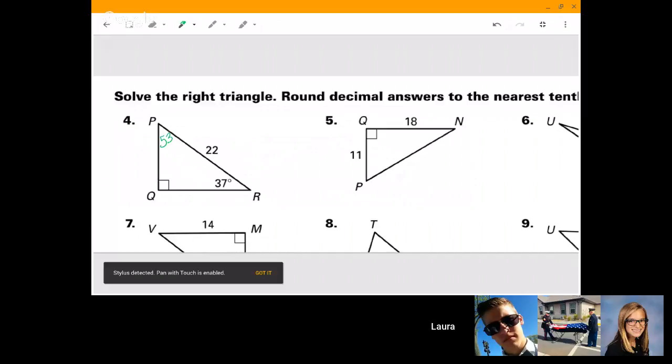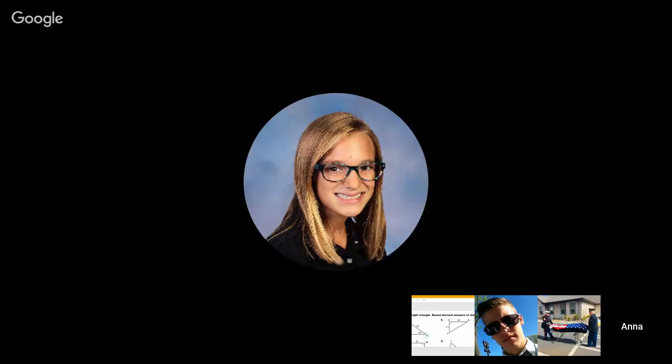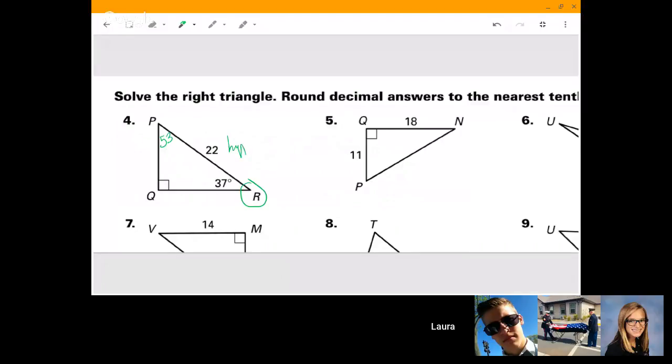All right, so now you've got all the angles, and you know one side. And if they give you one angle, like they gave us R, we could use P now that we know it, but we'll just stick with R. And we know 22. What part of the triangle is 22? The hypotenuse. You can find either of the legs because the hypotenuse is part of both of the sine and cosine ratios.